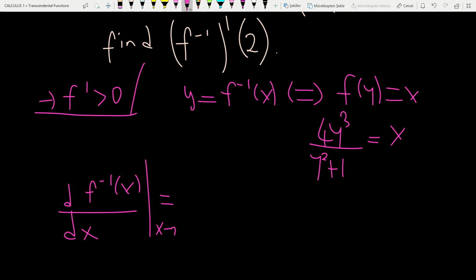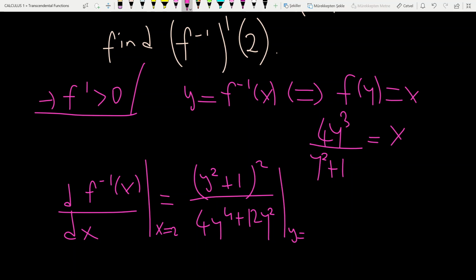X equals 2. Okay. And finally you have y squared plus 1 squared, 4y to the power 4, 12y squared, at the point 1. The result is 1 over 4. How do we find the point 2 here? How do we find the point 1 here?